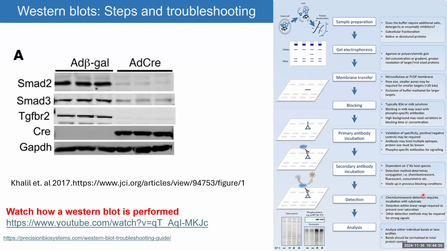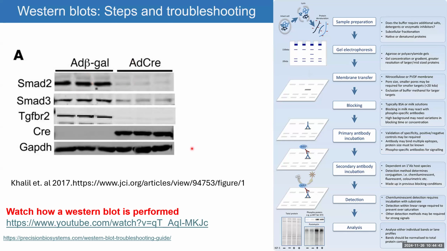So Western blots are laborious. You could face many, many difficulties to get a Western blot to work. I assume you guys have already seen this picture from figure 1 in my paper that I gave you in assignment number 3.